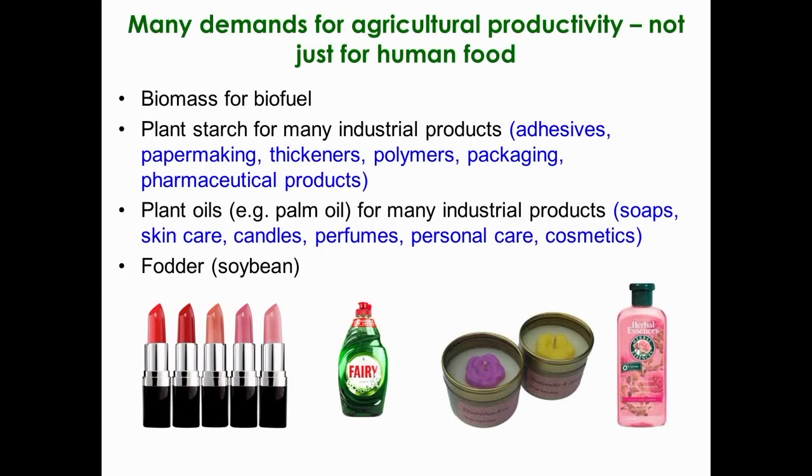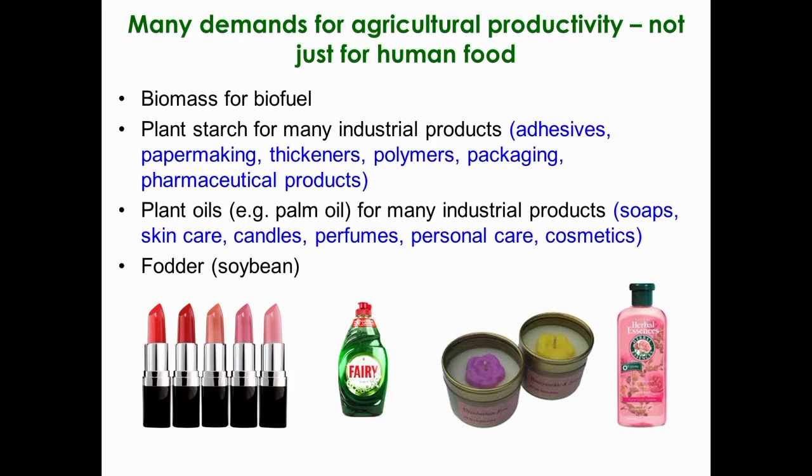And of course, finally, it's worth remembering that we're not purely growing these crops for human feed. There's a proportion of these crops that are used for animal feed, which are then giving us meat.